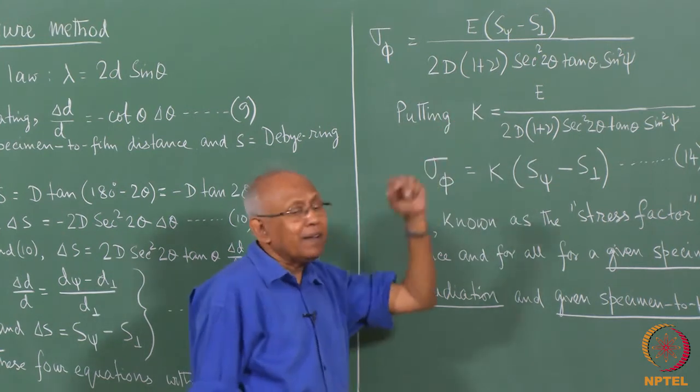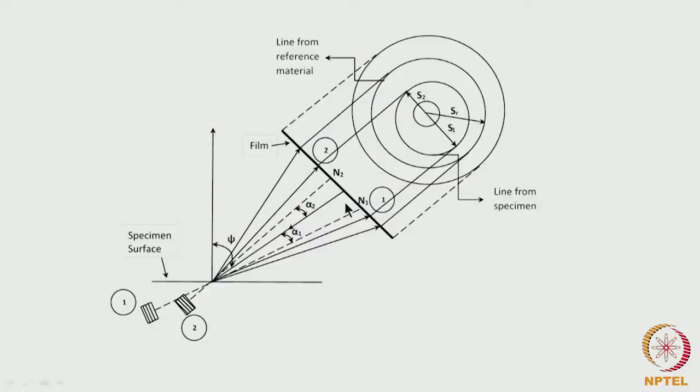What is S perpendicular? S perpendicular stands for the dividing from the specimen when there is a normal incidence photography from the material. So, when we have a normal incidence photography, that means X-ray falls on the surface in a normal way and we produce the dividing. So, S perpendicular refers to that, and S psi refers to the value of this S1 over here during inclined incidence X-ray photography.